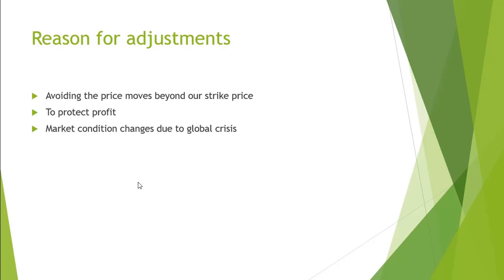The third point is if the market condition changes due to a global crisis, for example a war, weather and climate changes or election results. In those cases the market condition can change suddenly. If it goes against us, we do some option adjustments to stay in the trade.